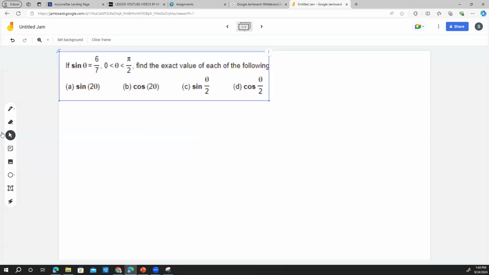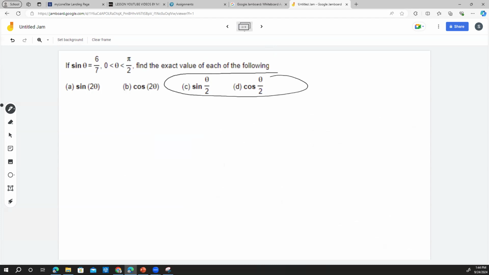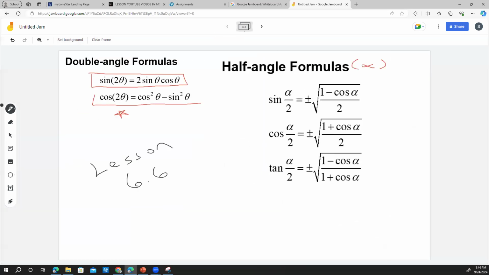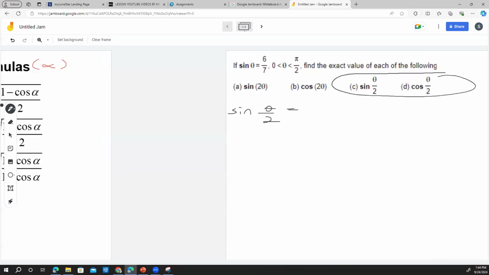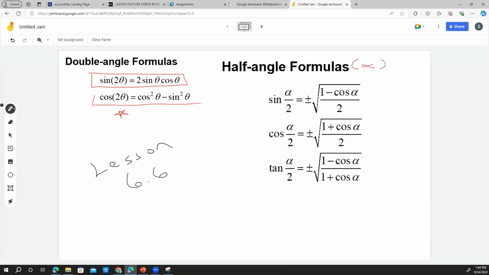I'm going to continue with the same problem, but this time we're going to focus on these two parts, starting with sine of theta over 2. For sine of theta over 2, I need to go to the previous page and grab the formula. It's plus or minus. Since theta is already in the first quadrant, when you divide the angle by half, it's still going to be in the first quadrant, so the expected sine value will be positive.